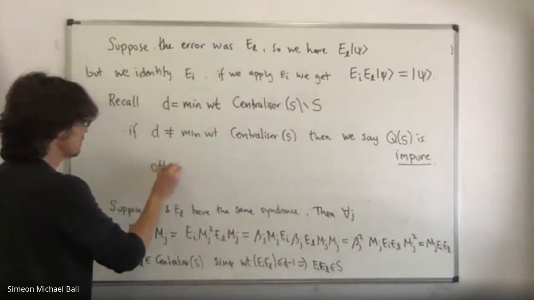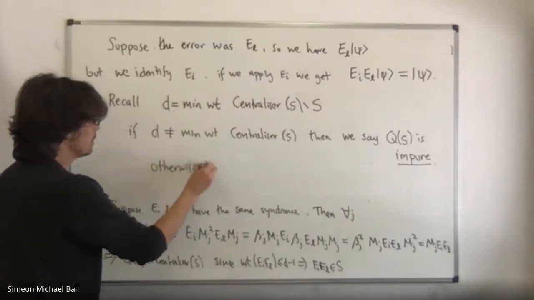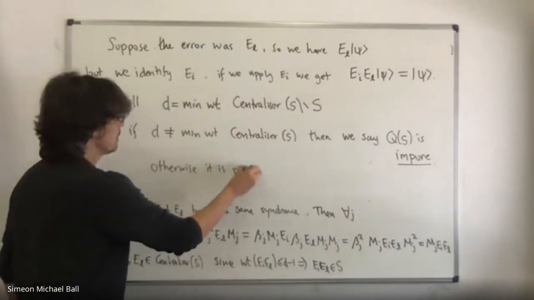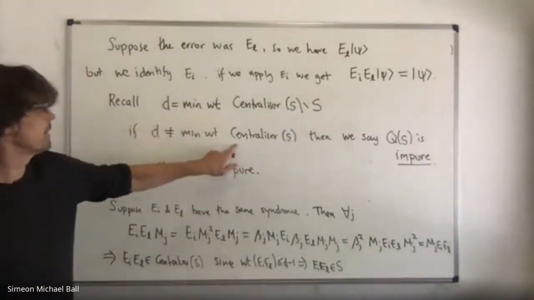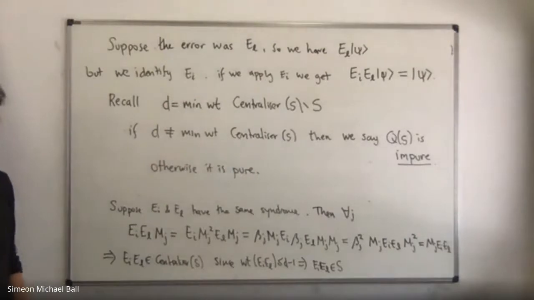Otherwise, so most of the time you would expect the minimum weight to just be whatever minimum weight is in the centralizer. But sometimes that's not the case.